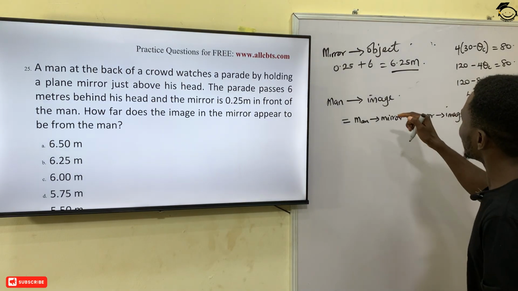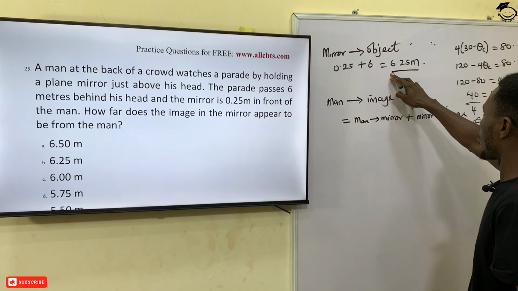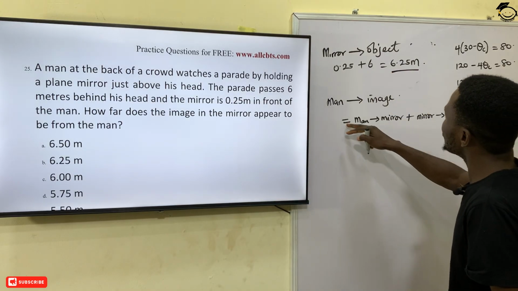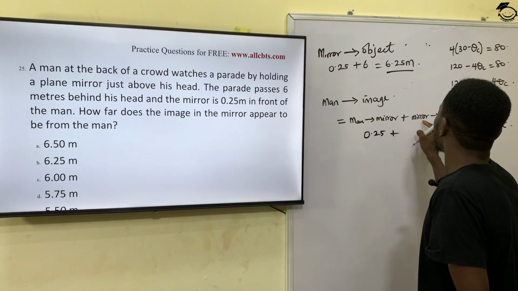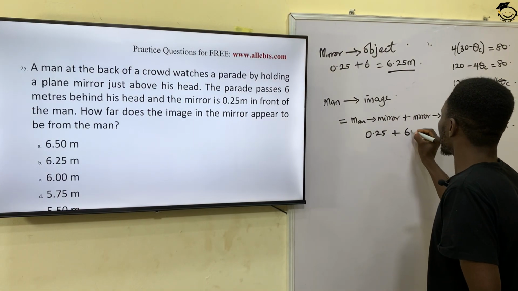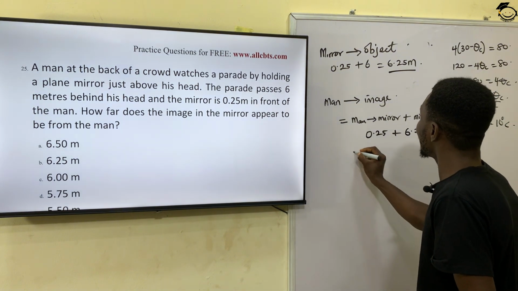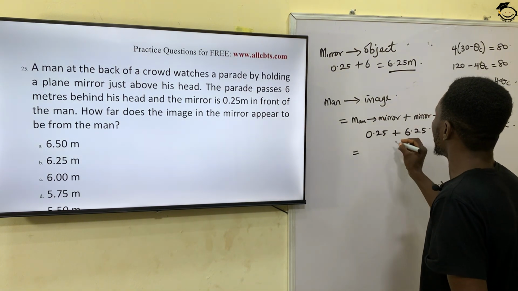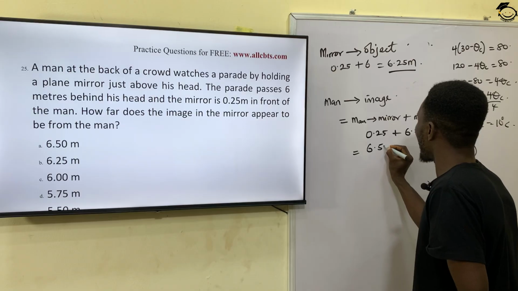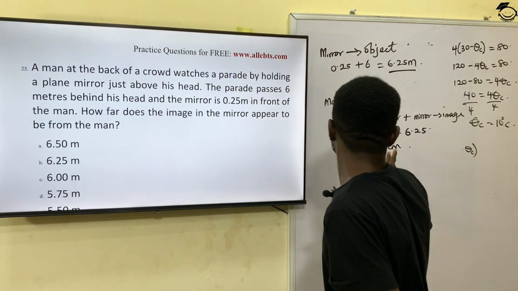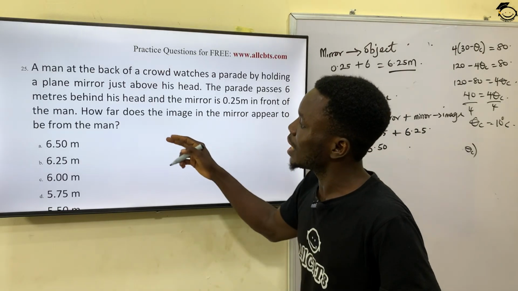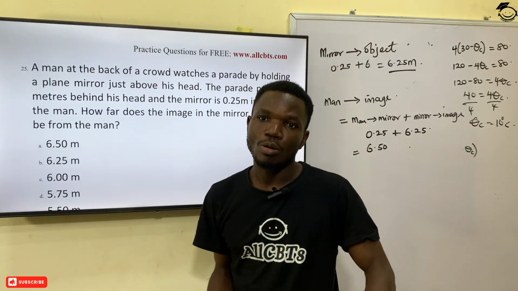We know that mirror to image is the same as mirror to object, which is 6.25, and the distance between the man and the mirror is 0.25. So at the end of the day, the distance between the man and the image is going to be 6.5 meters. So the correct answer to this question is option A.